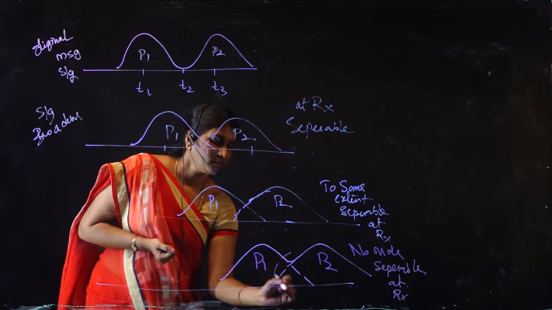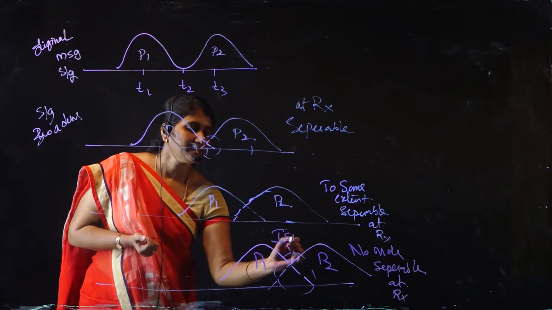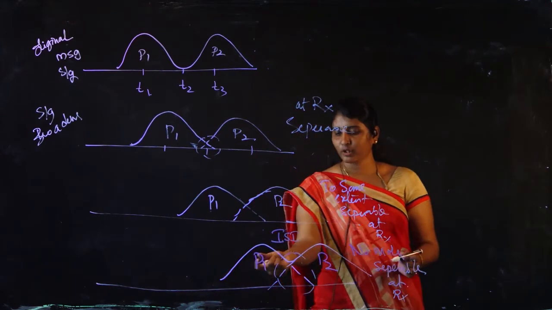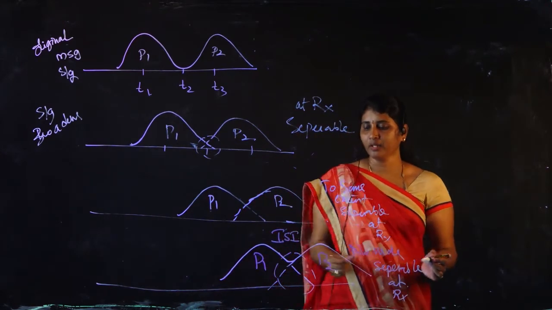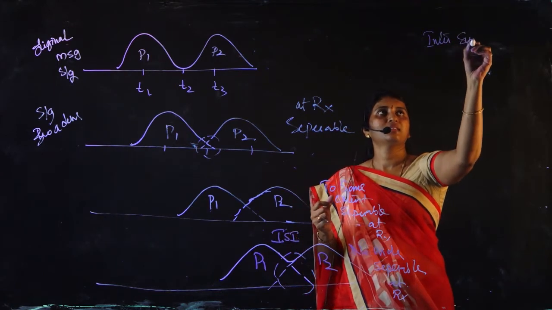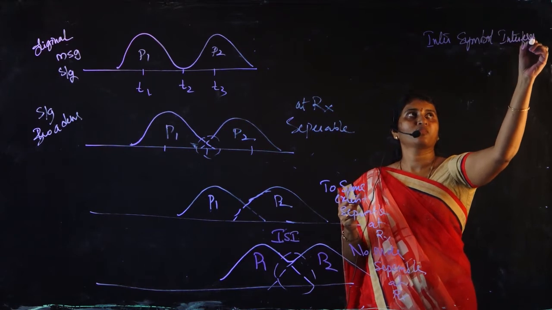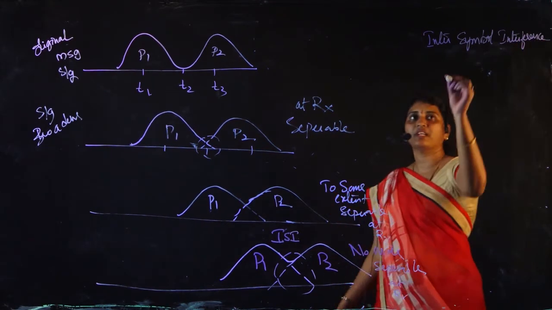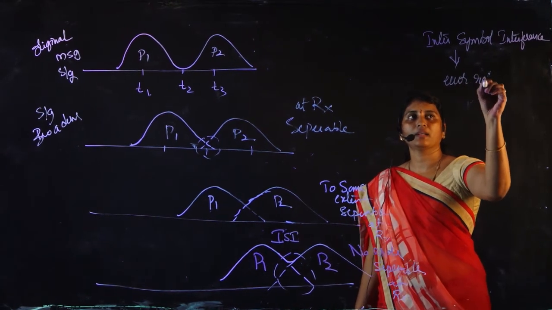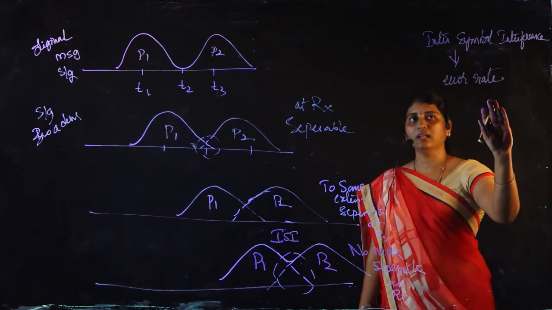So what we say, this inseparability will lead to inter-symbol interference. This inseparability or mixing of the two pulses P1 and P2 is called inter-symbol interference. This inter-symbol interference is nothing but your error rate, the amount of error that we can encounter in a signal transmission.